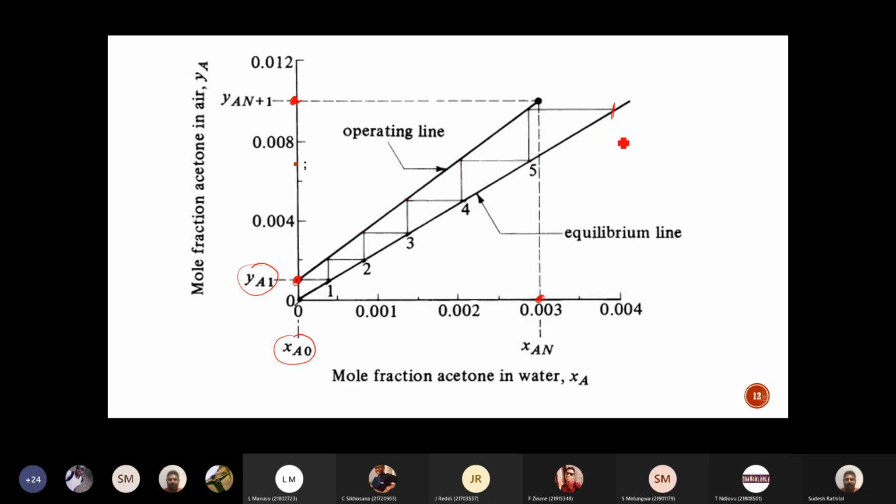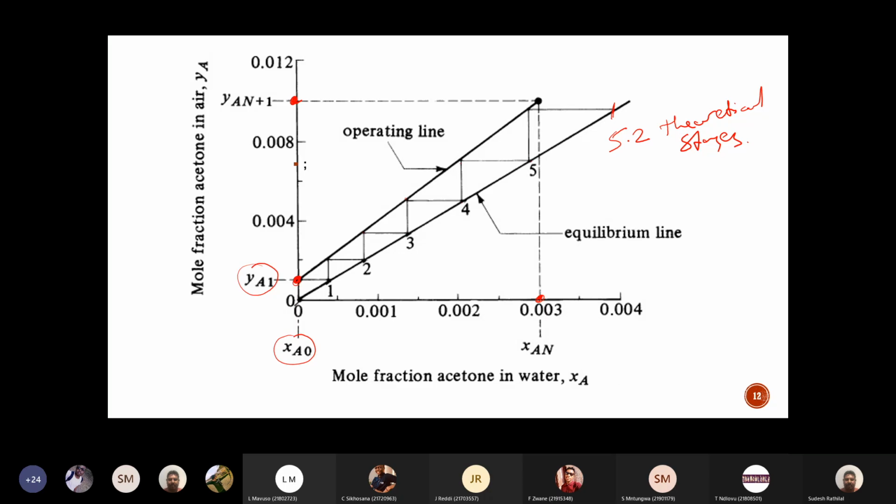So you have to physically measure and work out the fraction, and that is how we get an answer of 5.2 theoretical stages. In other words, when it says theoretical, we are assuming that all these stages are equilibrium stages. But for real stages, you have to work out the efficiency of each stage.